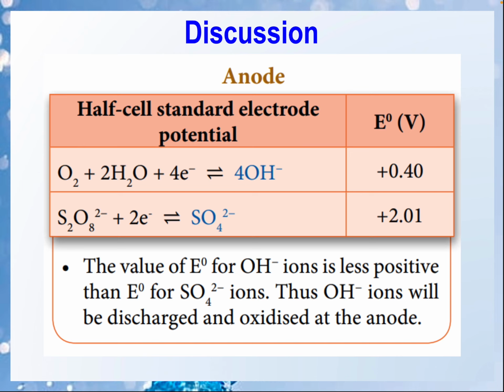Maksudnya more negatif. Sebab dia menghampiri negatif. Then E0 value for sulfate ions. Therefore, hydroxide ion will be discharged by releasing electrons at the anode. Okay, so kita kena ingat lagi menghampiri negatif, lagi negatif dia akan buang elektron.